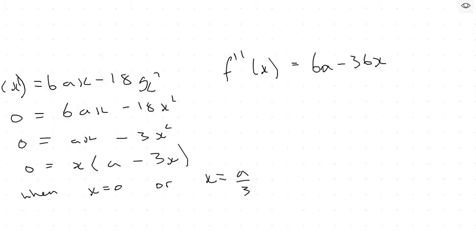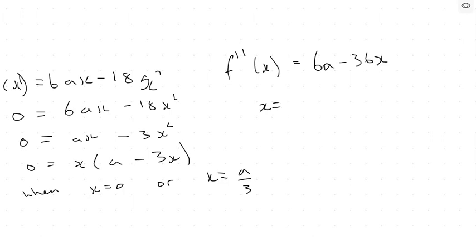Okay, so when x is equal to 0, f dash of 0 is 6a, which is greater than 0. So f of 0 is a minimum.